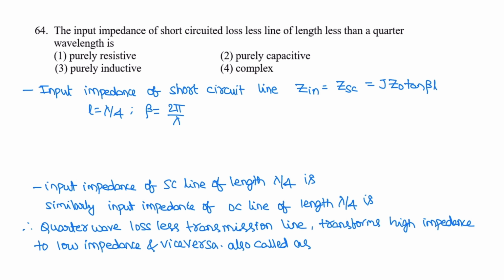In the question they have given quarter wavelength, so the length is lambda by 4. Now Zsc is equal to j Z naught tan beta L, where beta is 2 pi by lambda and length is lambda by 4. Now it is tan 90 degrees. j Z naught, where Z naught is the characteristic impedance, times tan 90 degrees. So tan 90 is infinity. So it is open circuit. So the input impedance of a short circuit line of length lambda by 4 is infinity.